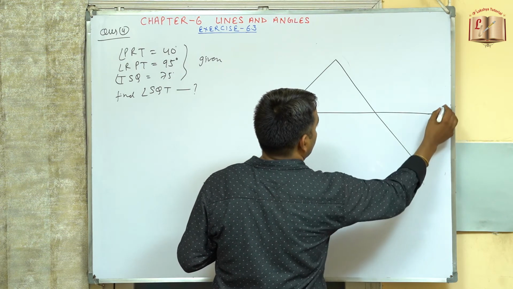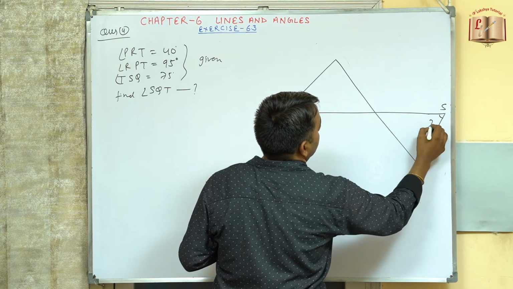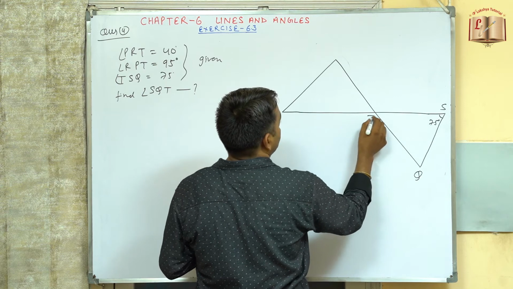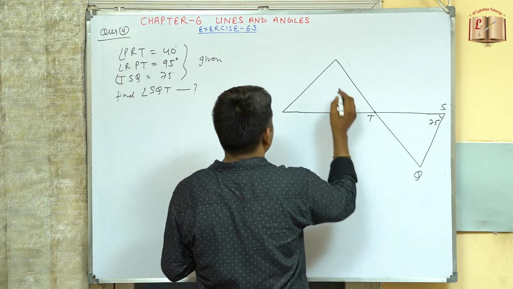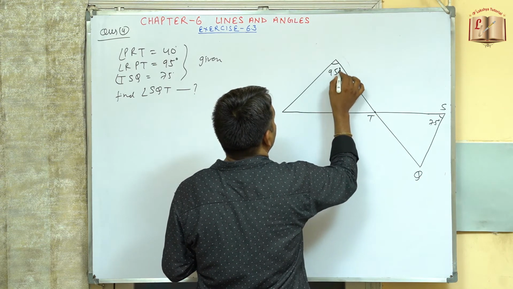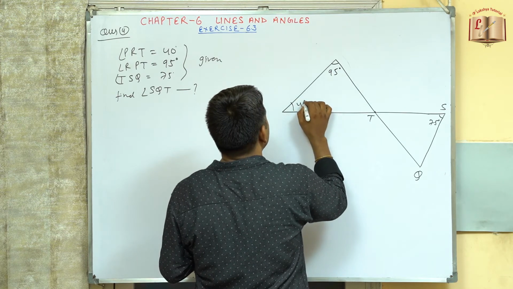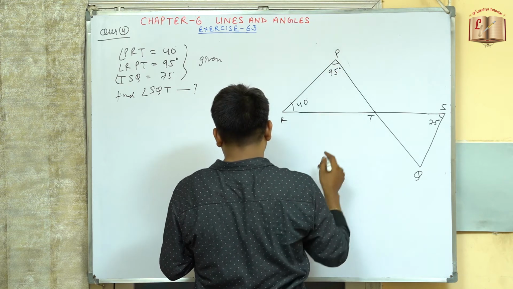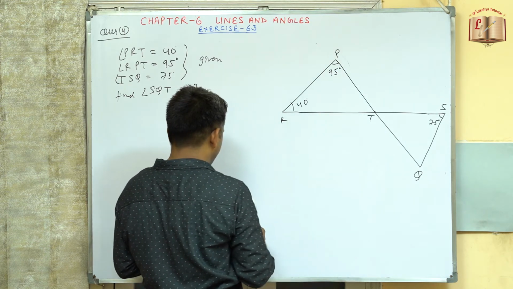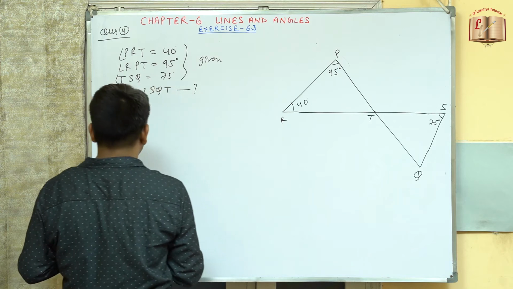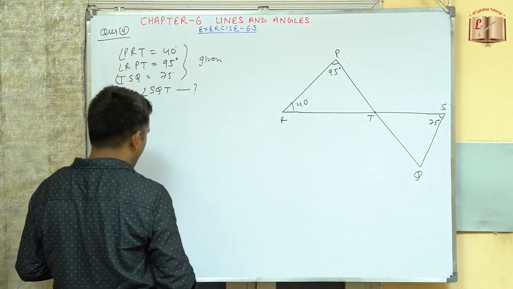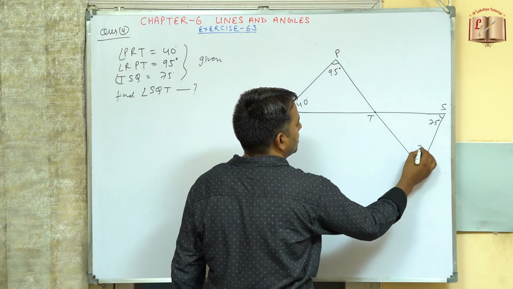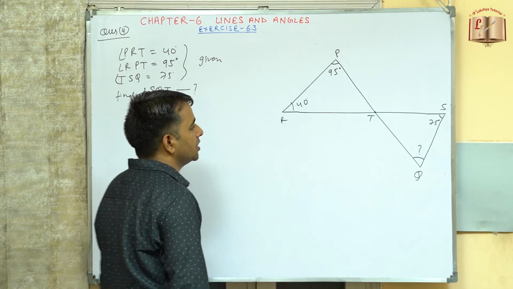This is QS, and this angle is 75 degrees. T is the point where these lines intersect, this angle is 95 degrees, and this angle is 40 degrees. This is R, and this is P, then T. We need to find angle SQT.